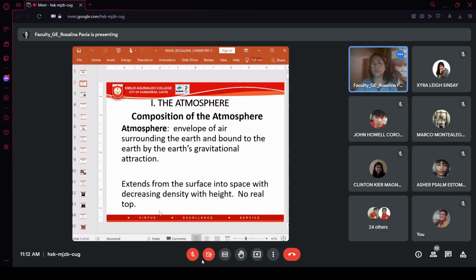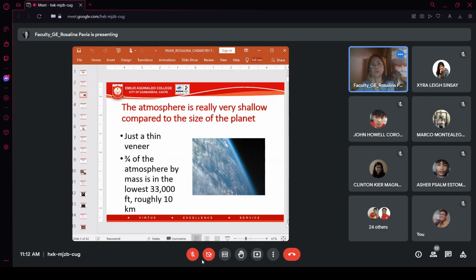So there is no actual top or no real top because the atmosphere is composed of 4 layers. So the atmosphere is really very shallow compared to the size of the planet. It is just a thin veneer.